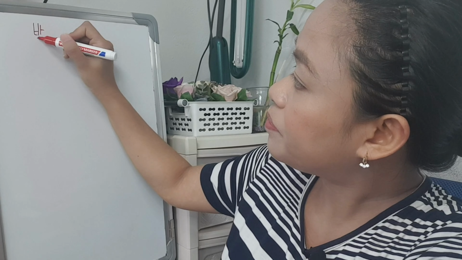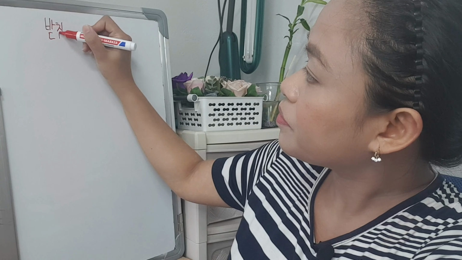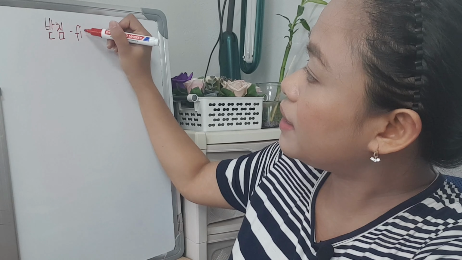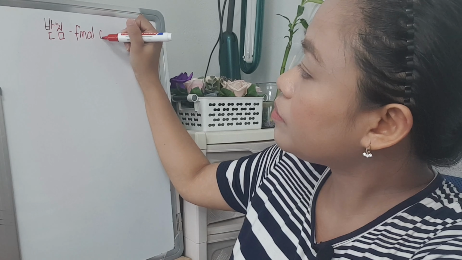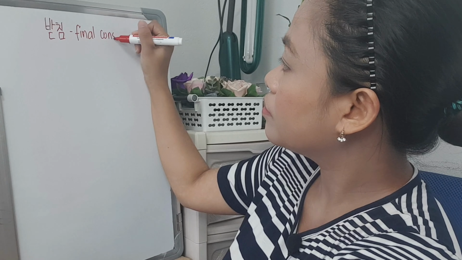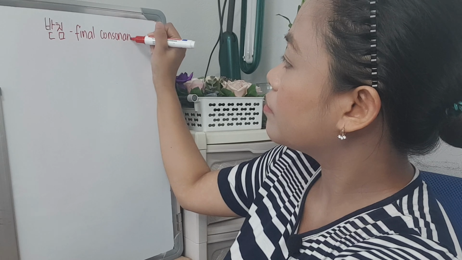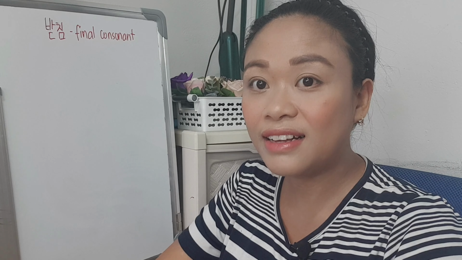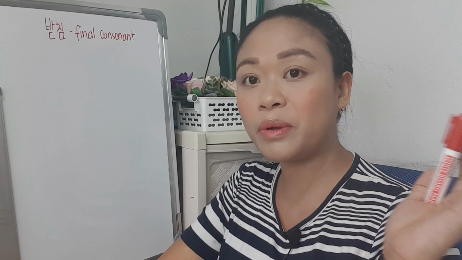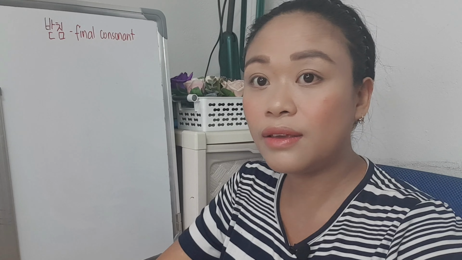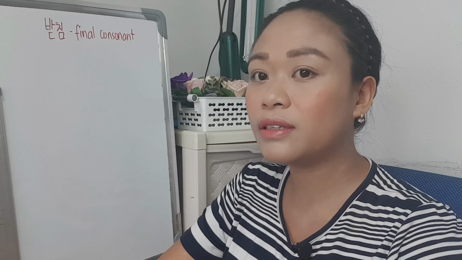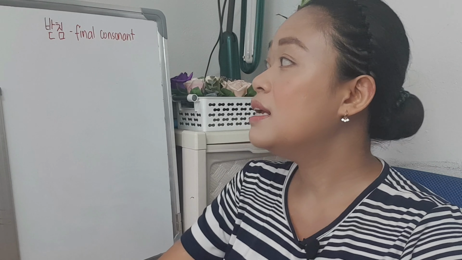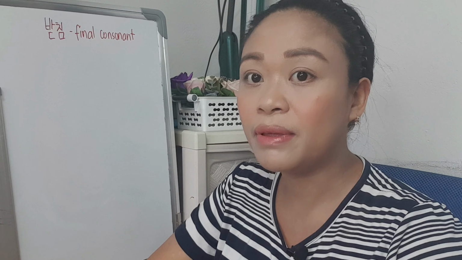Batchim, or what we call the final consonant. We already talked about the consonants and the vowels in my previous video about Hangul. So now we will talk about the final consonant, which is the batchim.